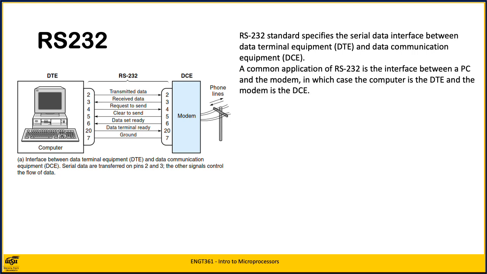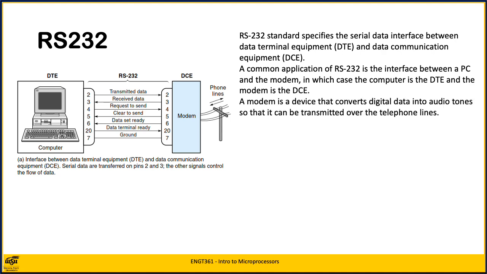A common application of the RS-232 is the interface between a PC or computer and the modem, in which case the computer is the DTE, the data terminal equipment, and the modem is the DCE, the data communication equipment. A modem is a device that converts digital data into audio tones so that it can be transmitted over the telephone lines, as is shown here.